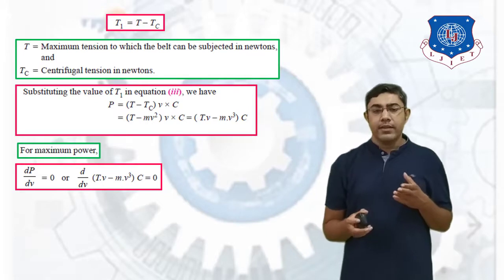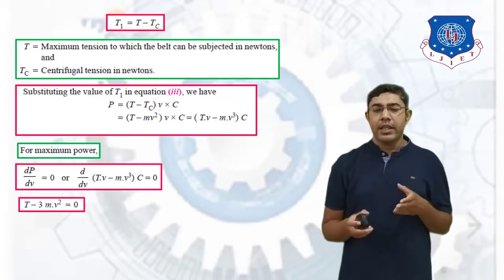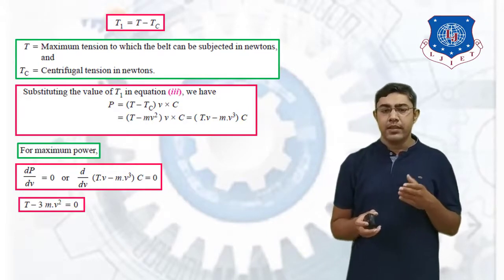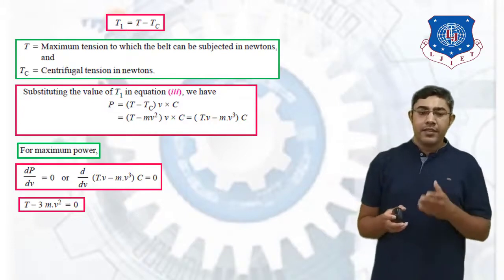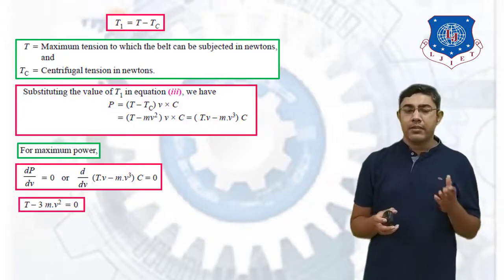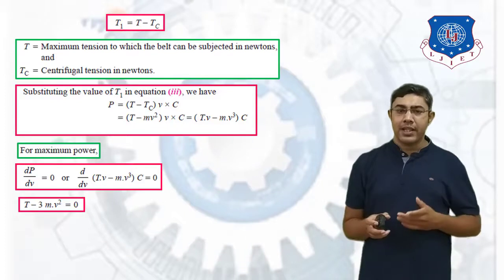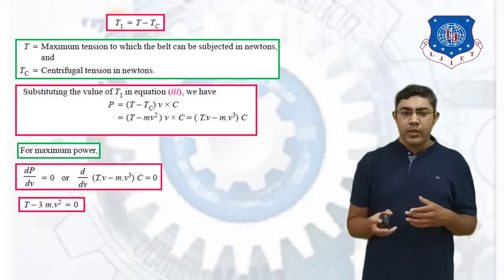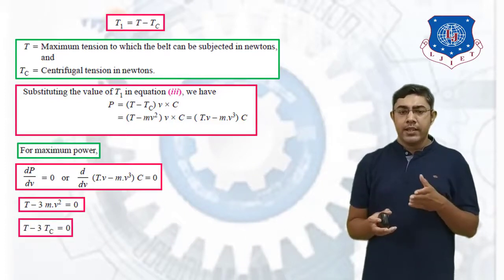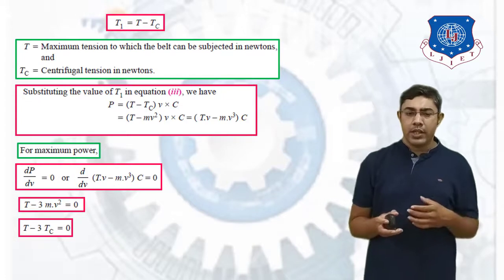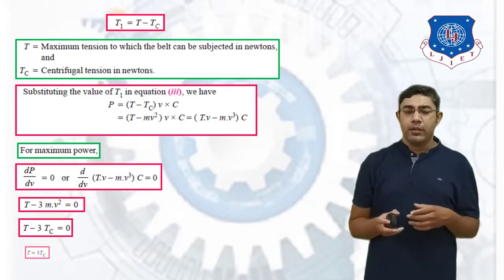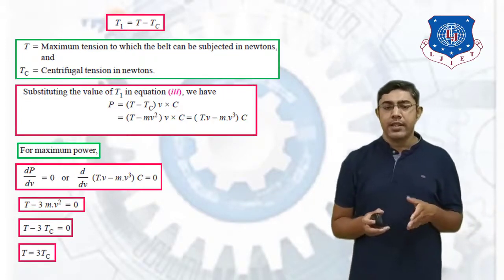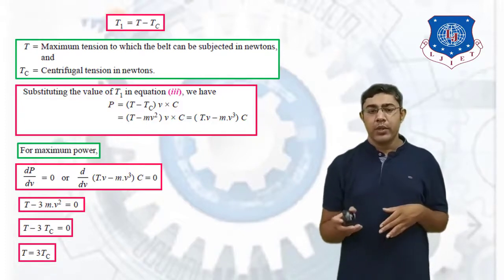The first term becomes the capital T, and the second term becomes 3 m v square. So it becomes T minus 3 m v square is equal to 0. So T minus 3 Tc is equal to 0. So the condition for the maximum power transmission is T is equal to 3 into Tc.